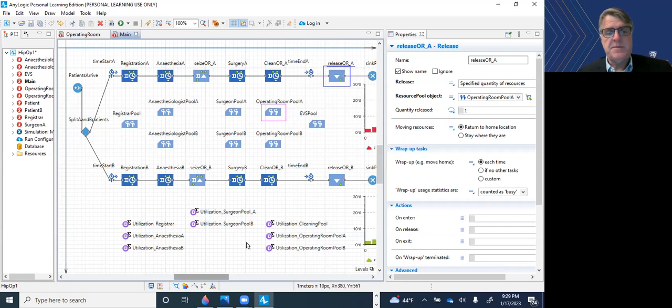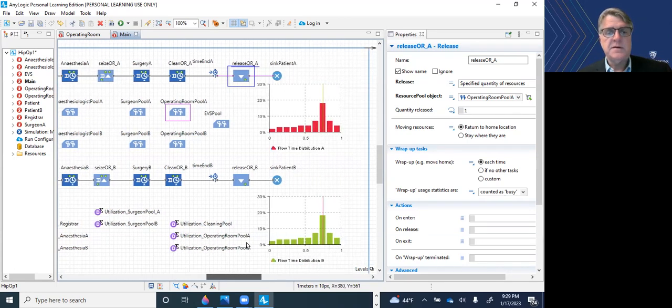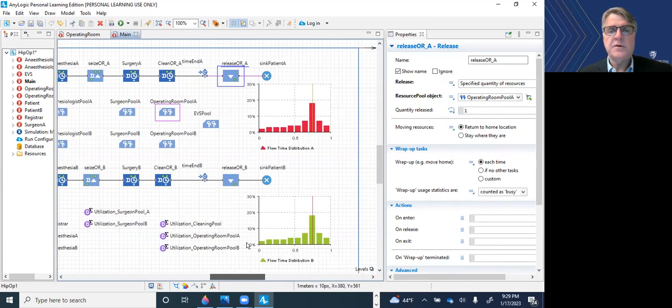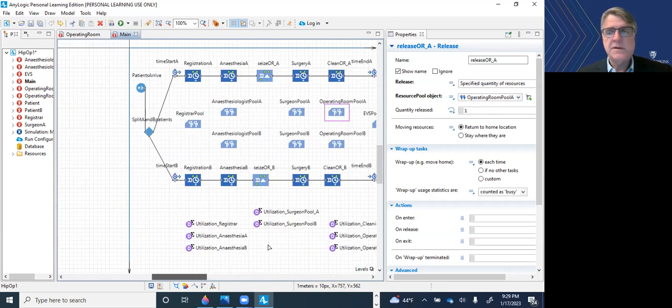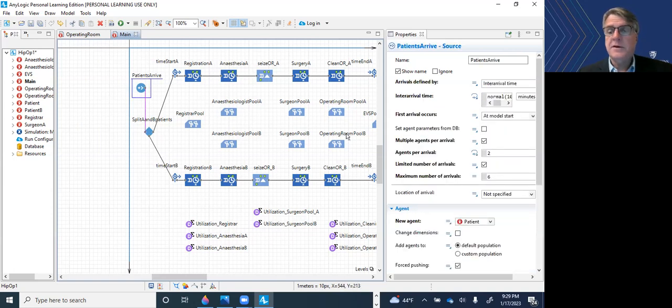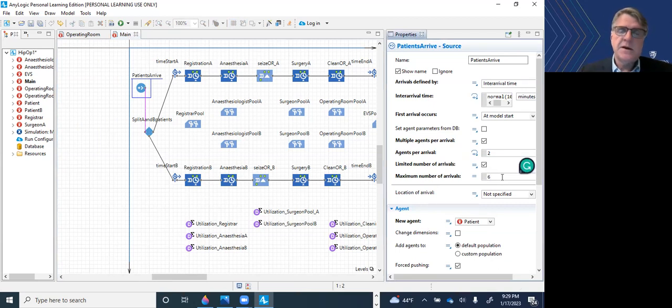Now, as far as statistics and data gathering from this simulation, we've got a flow time distribution. I did mention that this OR runs from 7:30 in the morning until 5 p.m. in the evening, and we only generate 6 arrivals with this inter-arrival time, so that we can only simulate up to 570 minutes.